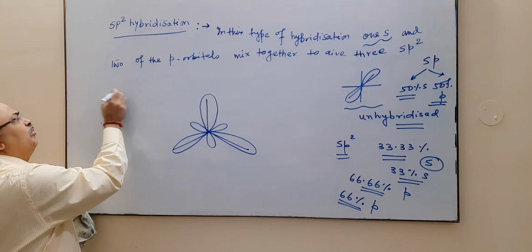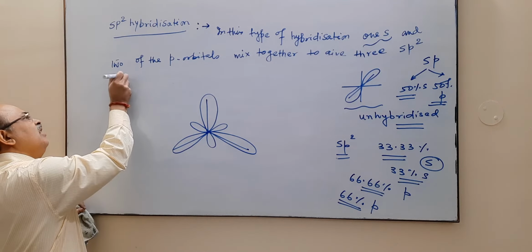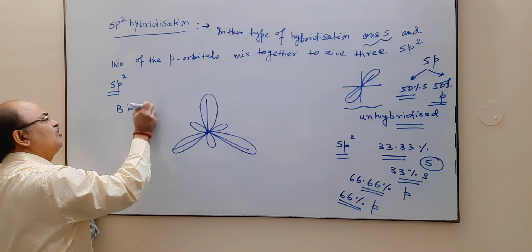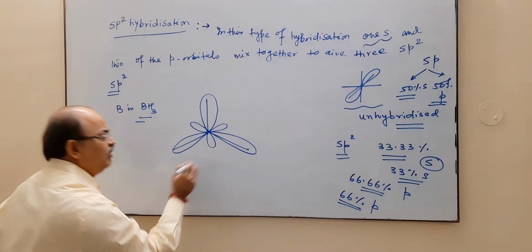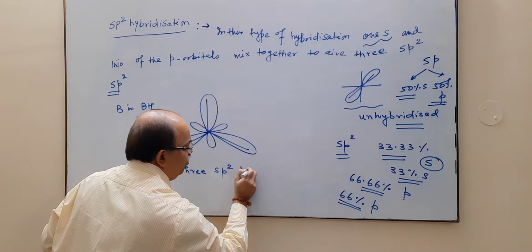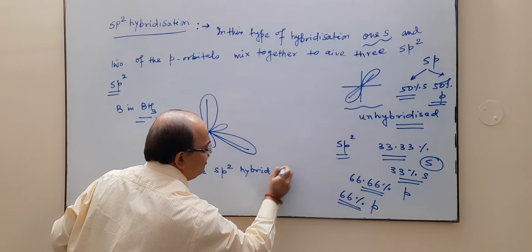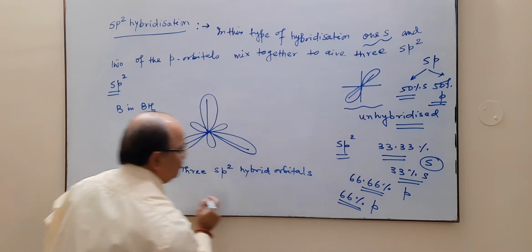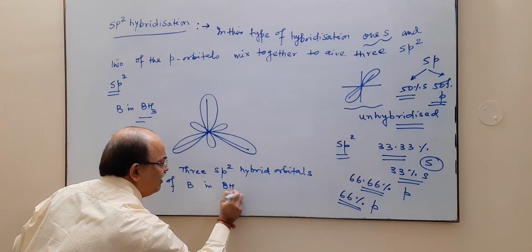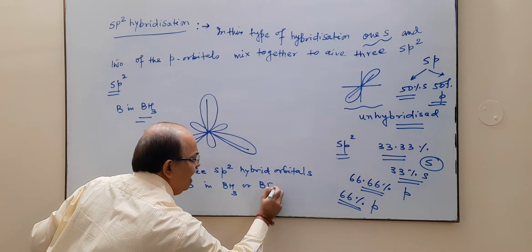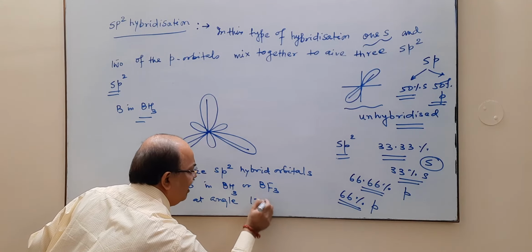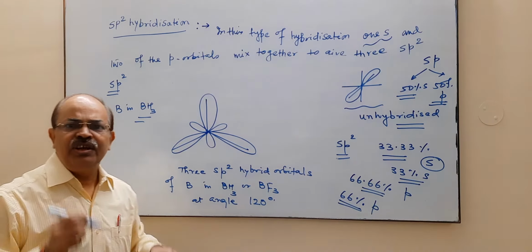So let us suppose if we have to consider sp2 hybridization of boron in BH3 और BF3, तो आप लिख सकते थे कि ये 3 sp2 हाइब्रिड ऑर्बिटल्स ऑफ बोरॉन in BH3 और BF3 at an angle 120 degree.